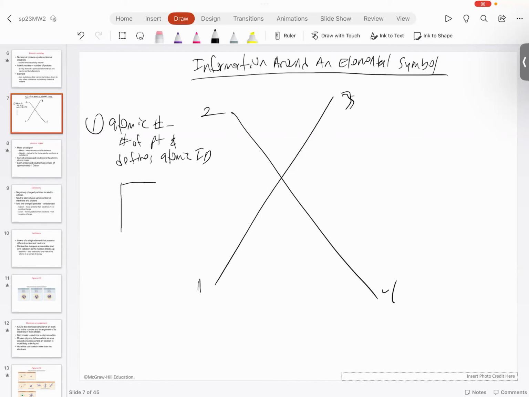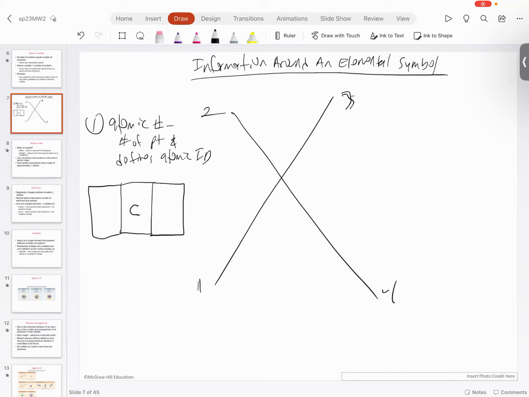Now, at this particular point, I like to do a little bit of illustration for you guys. I'm going to take a look at this one right here. On the periodic table, you see C. What is C? Yeah, it's carbon, right? So how many protons does carbon have? Generally speaking, that number will be on every periodic table.